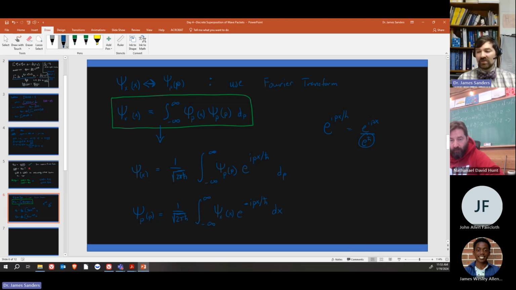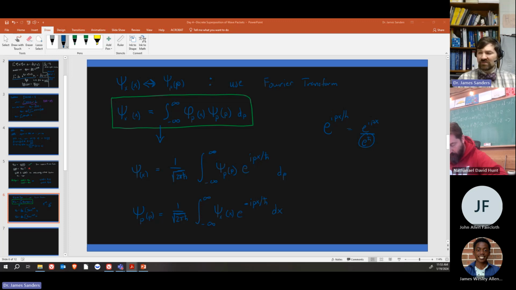And I think what we'll do next time is I have a set of notes that I call my addendum to this, which is discrete superposition with wave packets. I don't recall if McIntyre really goes into this very much. I mean, he does, but I kind of did it my own way.